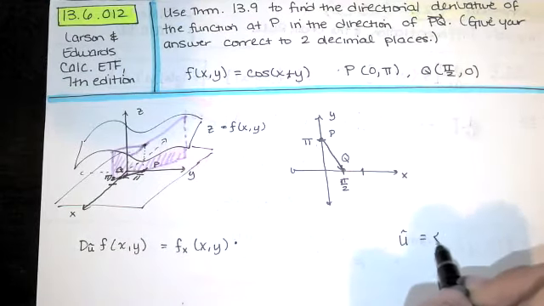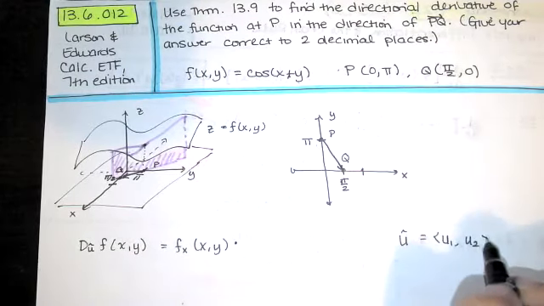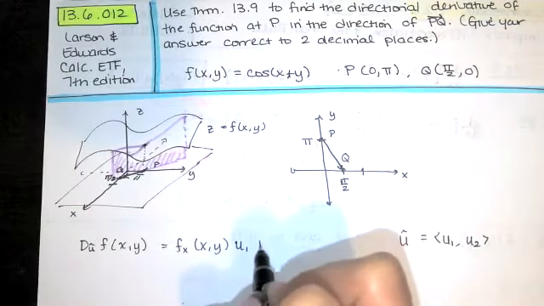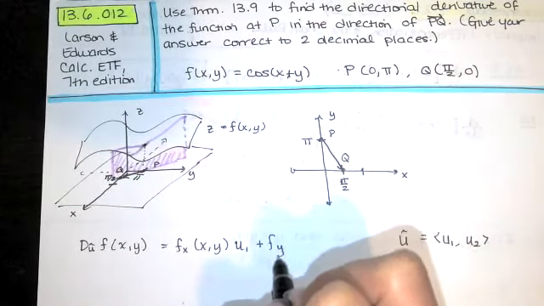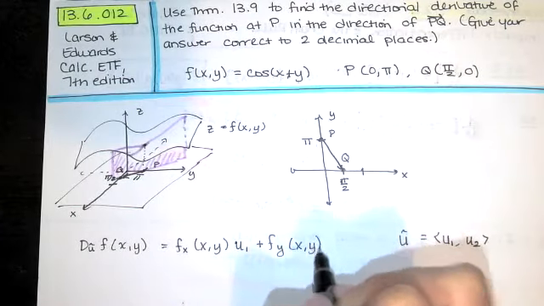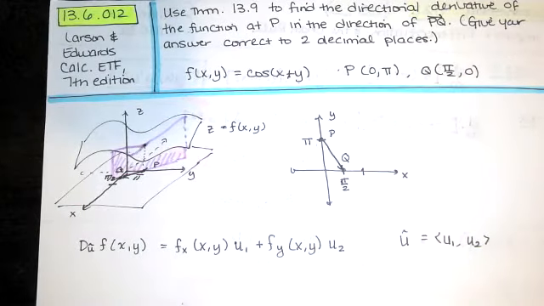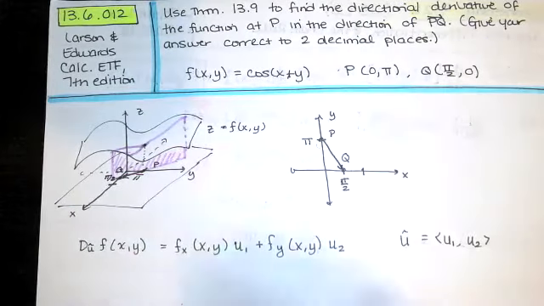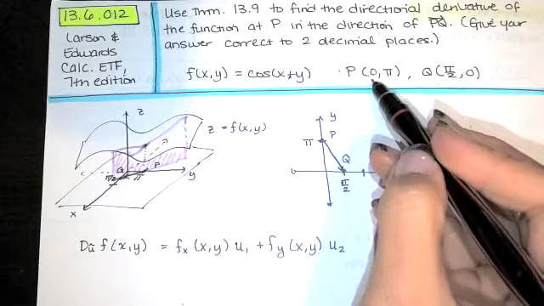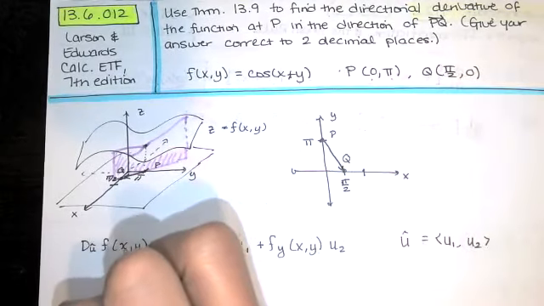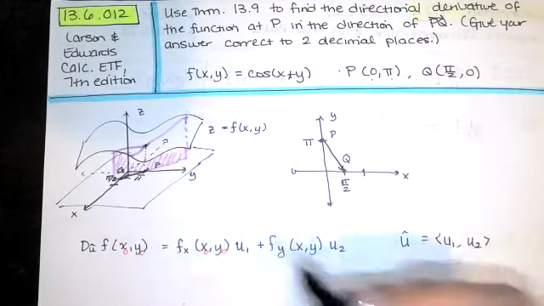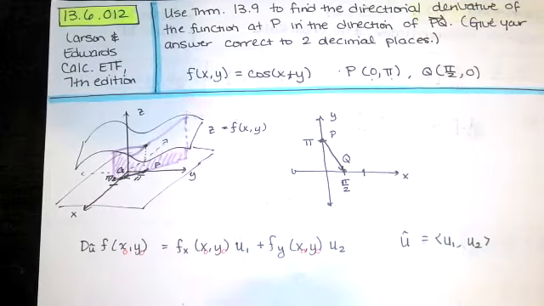So if u hat has components u1 and u2, it'd be f sub x times u1 plus the partial derivative of f with respect to y times the y component of u, or u2. Now we are interested in this at a particular point at x equals 0, y equals pi. So I prefer in that case to use x naught and y naught here.